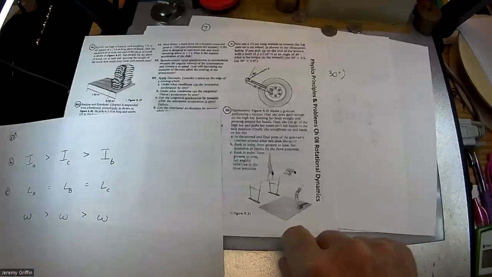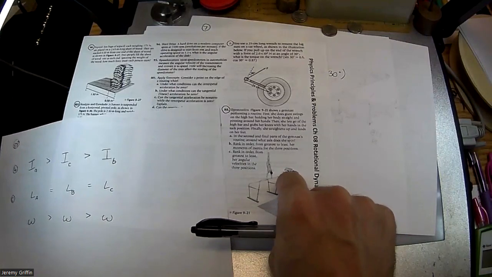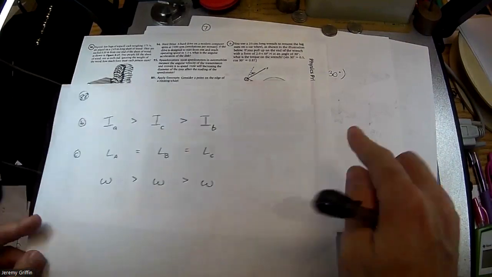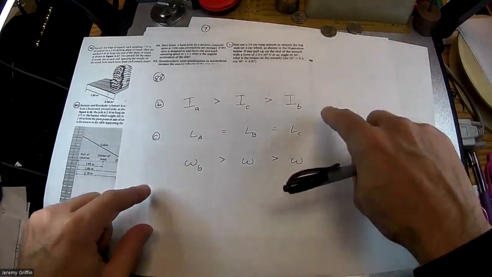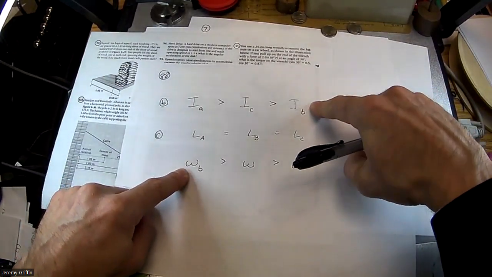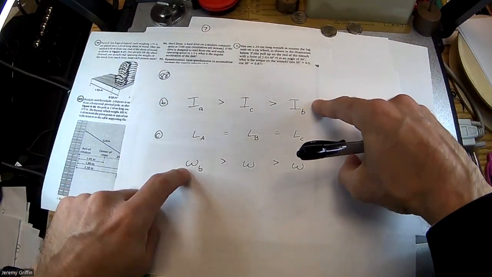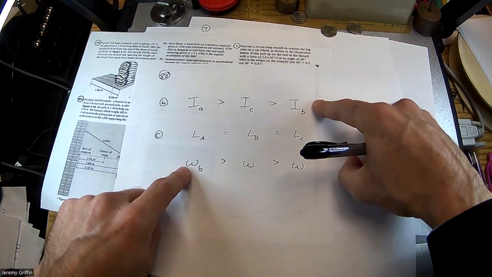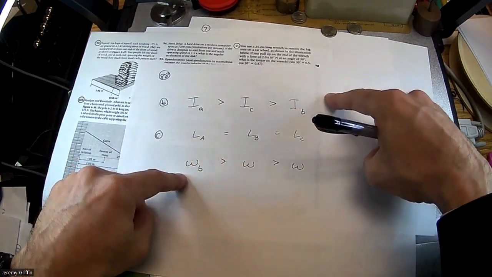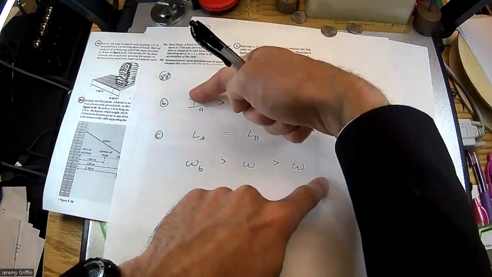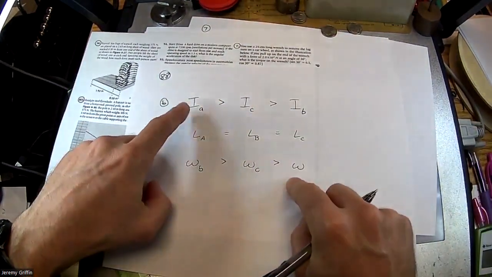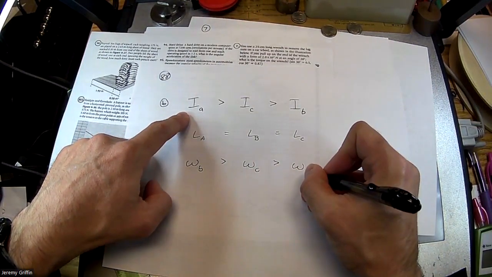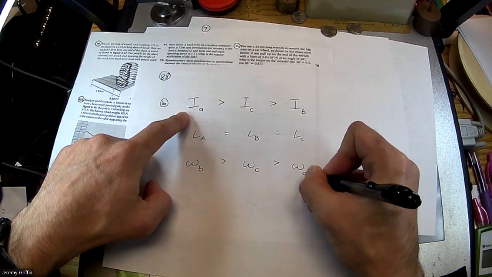Where's she spinning the fastest? B, that second picture right there. Do you guys notice that where she has the smallest rotational inertia, she is spinning the fastest? With the conservation principle, you just go down the line like that, with C as the middle one, and the greatest inertia has to do with the slowest rate that she's spinning.